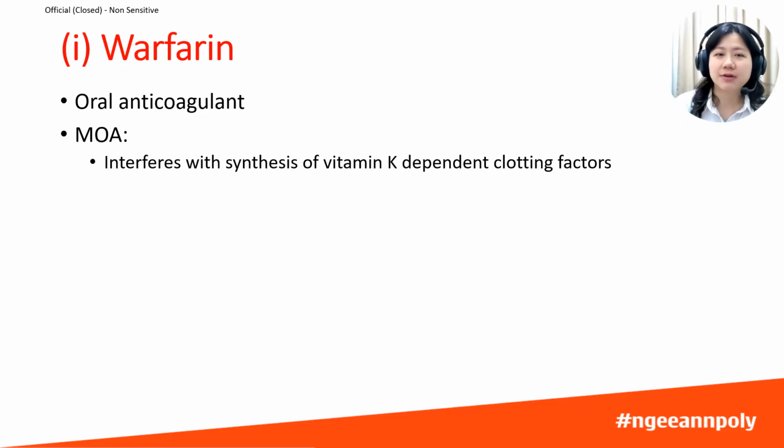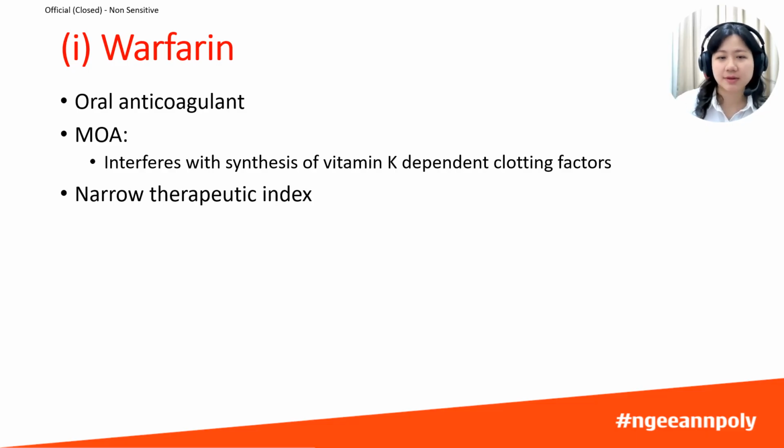The synthesis of clotting factors 2, 7, 9, and 10 in the liver requires vitamin K. Warfarin prevents the activation of vitamin K and therefore prevents the synthesis of these clotting factors. Warfarin has a narrow therapeutic index, which means that small fluctuations can lead to either therapeutic failure or serious bleeding adverse events.